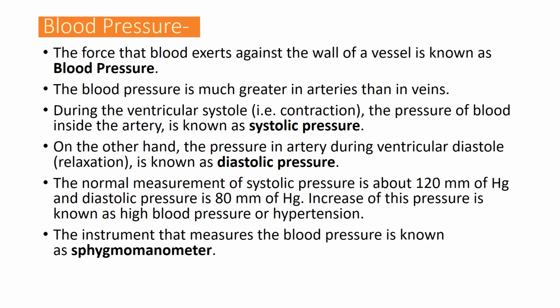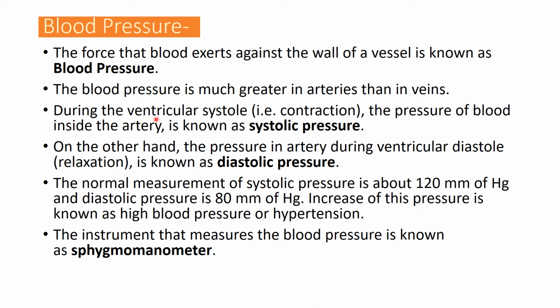Let's discuss blood pressure. The force that blood exerts against the wall of a vessel is known as blood pressure. You know that blood is a fluid, and when it flows inside the vessel, it exerts force on the walls, and this force on the walls is known as blood pressure. And this blood pressure is much greater in arteries than in veins.